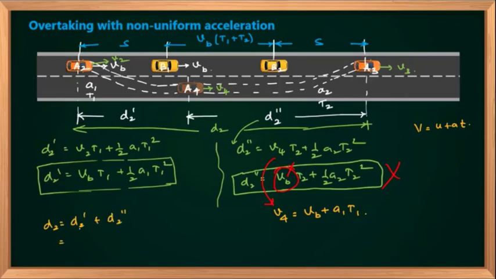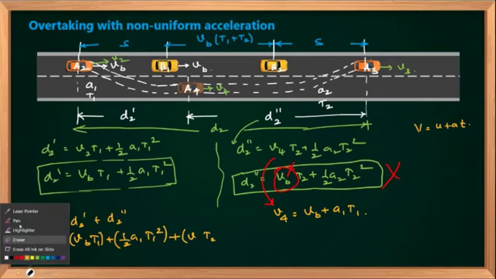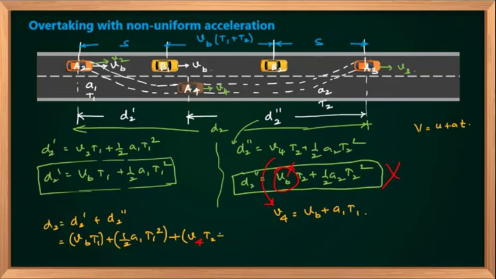That is equal to vb t1 plus half a1 t1 square plus v4 t2 plus half a2 t2 square.